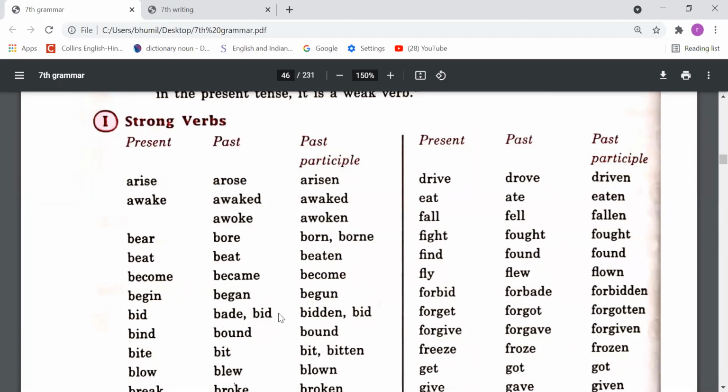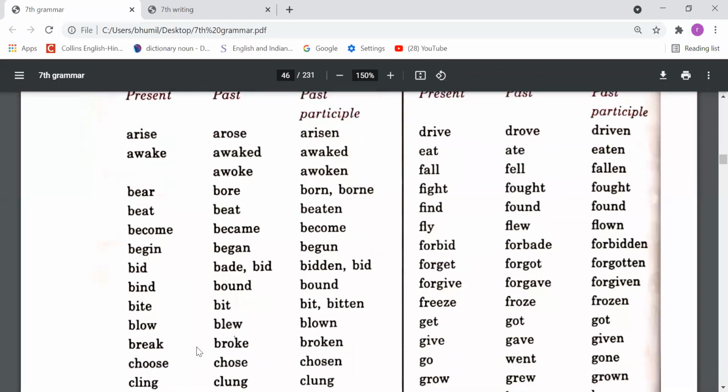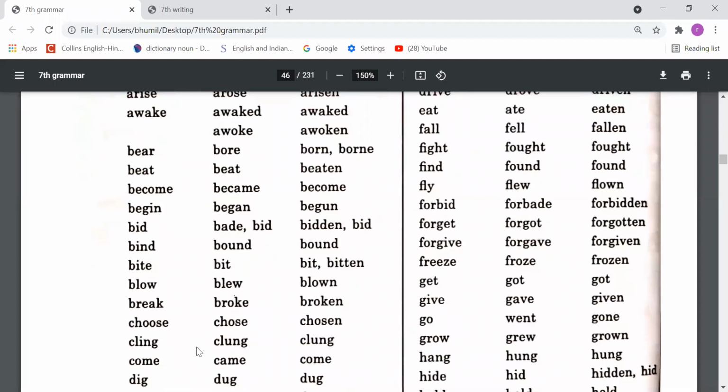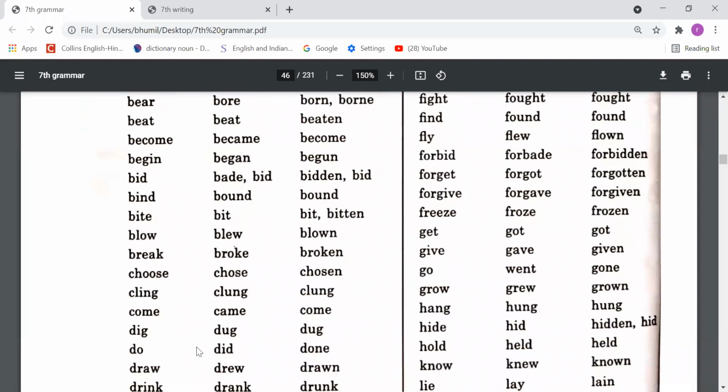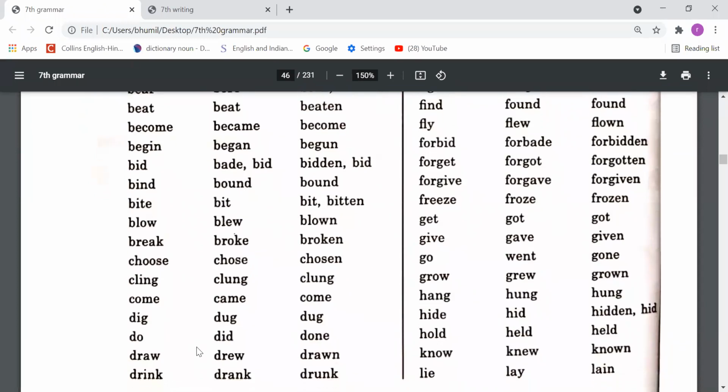Bid, bade, bidden; bid, bid, bid: to bid. Bind, bound, bound: to tie. Bite, bit, bitten; blow, blew, blown; break, broke, broken; choose, chose, chosen; cling, clung, clung; come, came, come; dig, dug, dug; do, did, done.